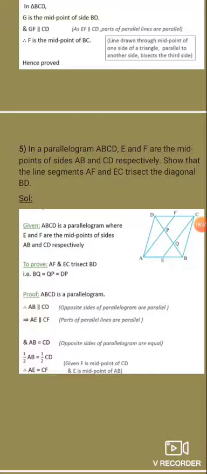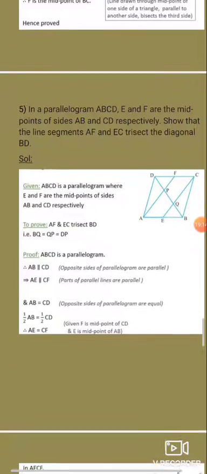Now given ABCD is a parallelogram where E and F are the midpoints of the sides AB and CD respectively. We need to prove AF and EC trisect BD. That is BQ is equal to QP is equal to DP.